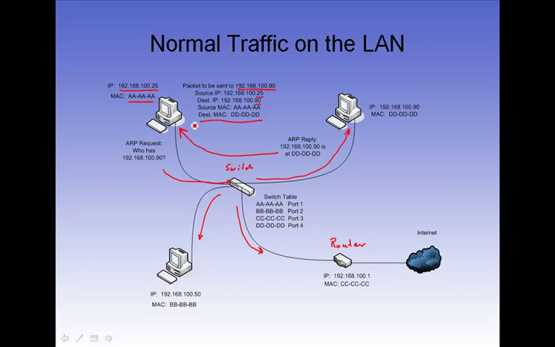Okay, the reply goes back over to here. So at this point, this original computer now can fill in this destination MAC address, and the packet can be sent. This is the way it's supposed to work.